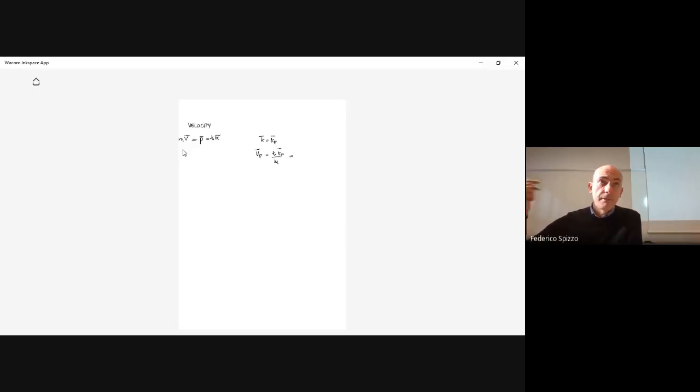If you put here the value of kF that we used yesterday and the electronic mass, you see that this is something of the order of 10 to the 6 meters per second. With respect to the Drude value that was 10 to the 5 meters per second, here we have a velocity that is 1 order of magnitude larger. This is nearly 1% of c, the speed of light.